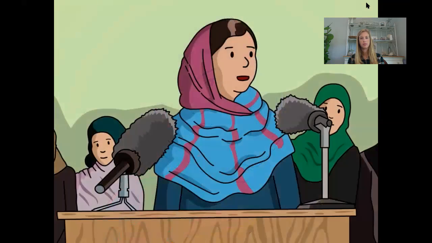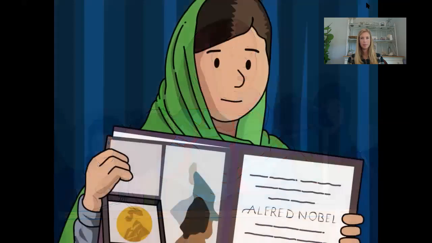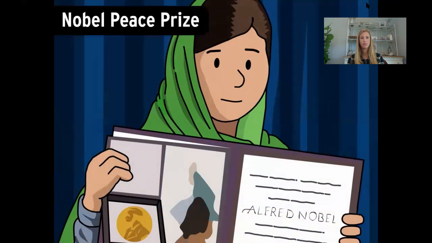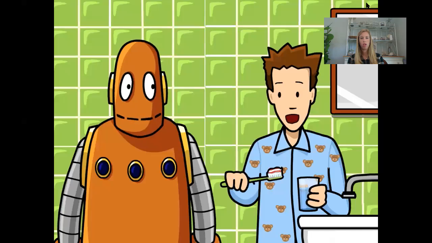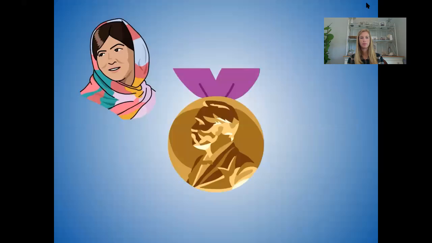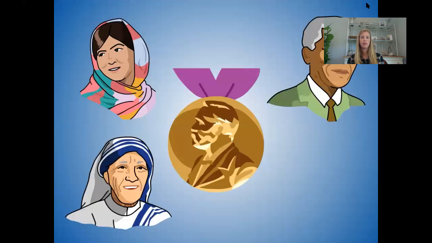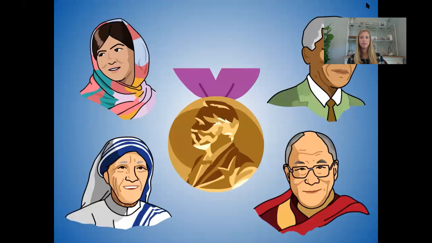She's given voice to millions of kids struggling against poverty and mistreatment. Her fight to improve educational opportunities earned her the 2014 Nobel Peace Prize. Yeah, Malala is the youngest Nobel laureate ever. At 17, she received the same honor as Nelson Mandela, Mother Teresa, and the Dalai Lama, all people who made the world more just and humane.